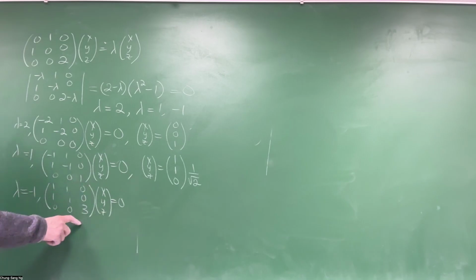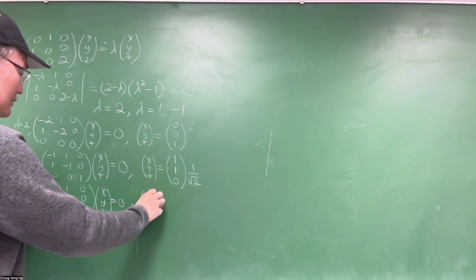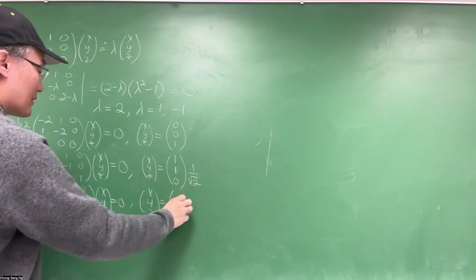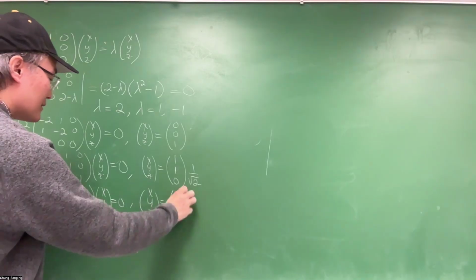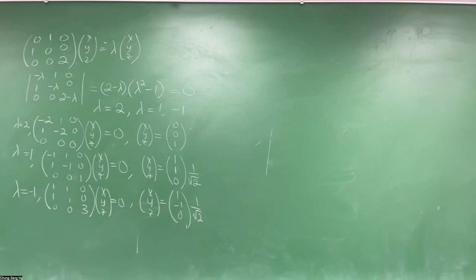Then again, z will be 0, and x equals minus y, so y is going to be like what I did last time. All right, that's kind of trivial. Up to here, all this is quite straightforward, because there's a choice of the elements that make the characteristic equation simple. All right, the next one.